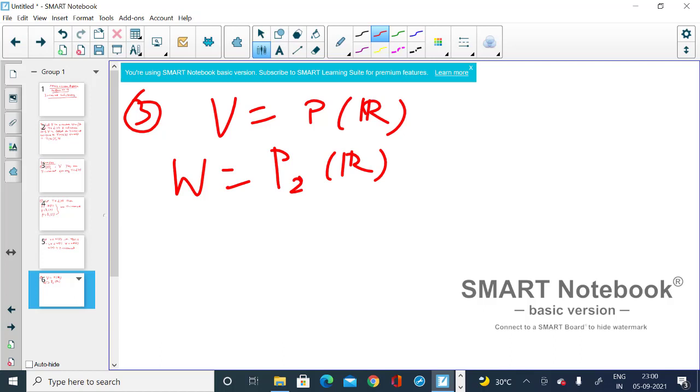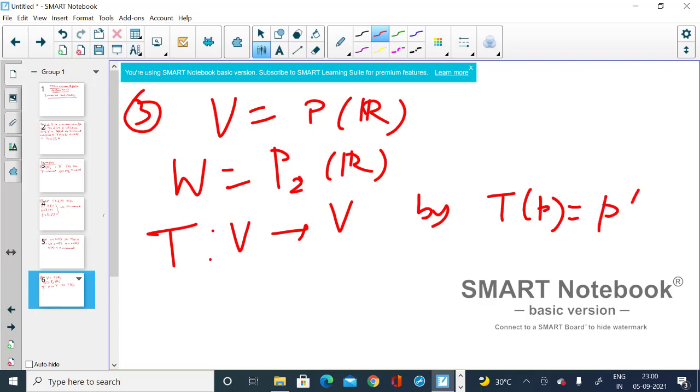Then you define a map T from V to V by the derivative, meaning T of the polynomial is mapped to the derivative of the polynomial. Then it is clear that T of W is inside W, because when you take any element of W, a polynomial of degree at most 2, and differentiate it, the degree will be at most 1. So this is an element of W, and W is T-invariant. There are many examples.